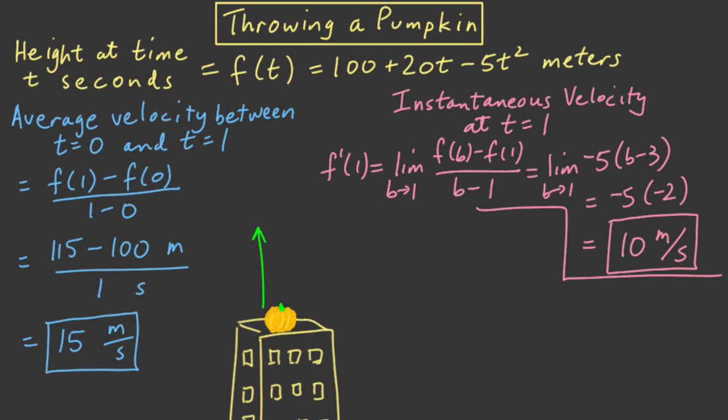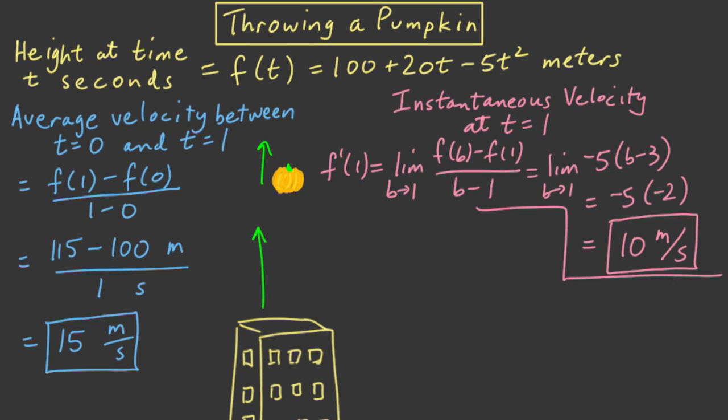But then during the 1 second, gravity starts to take over. So the pumpkin's going to go slower and slower during the 1 second until at the end of that period, which is at t equals 1 exactly, the pumpkin's velocity is slower than any velocity that came before. So that's why the instantaneous velocity at t equals 1 is slower than the average velocity over the period from t equals 0 to t equals 1.